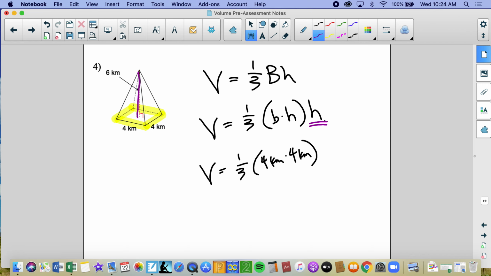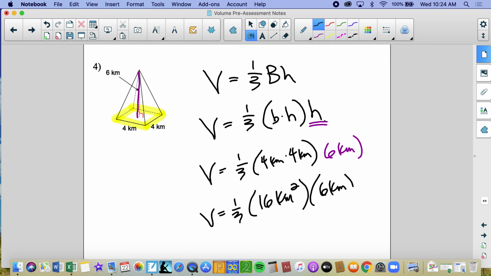So it's still from the base to the top of the object, and that's going to be 6 kilometers. 1/3, 4 kilometers times 4 kilometers gives me 16 kilometers squared times 6 kilometers.